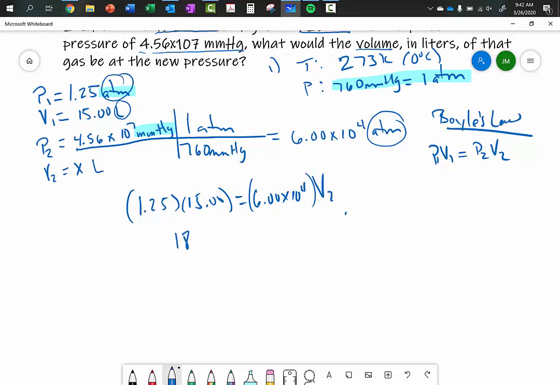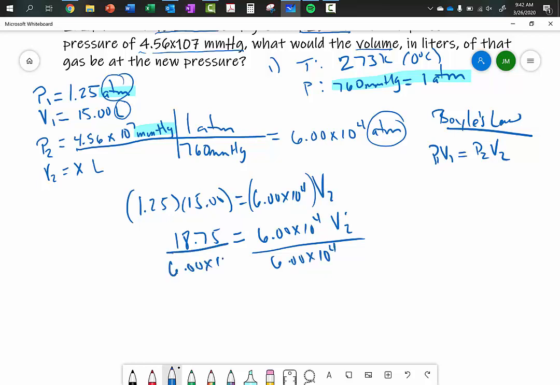This gives me 18.75 is equal to 6.00 times 10 to the 4th times V2. Divide both sides. And that should give me a V2 of 3.13 times 10 to the negative 4th liters.